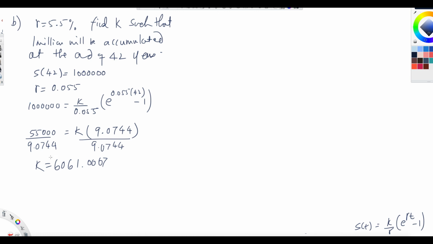Part C is if k equals 4,000 per year, determine the return rate r that must be obtained to have 1 million available in 42 years.